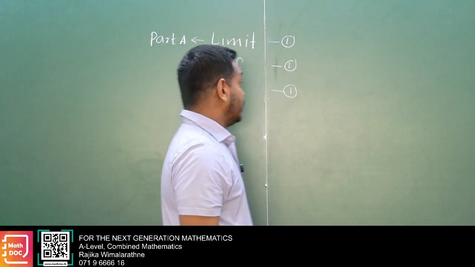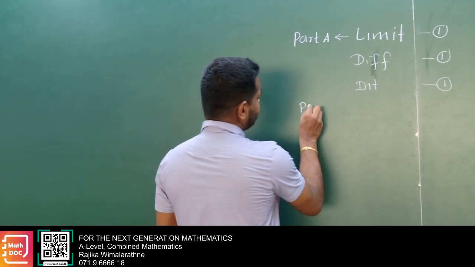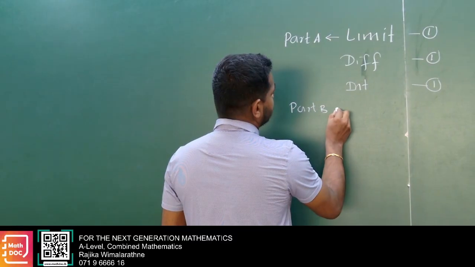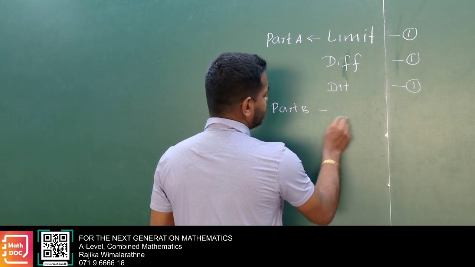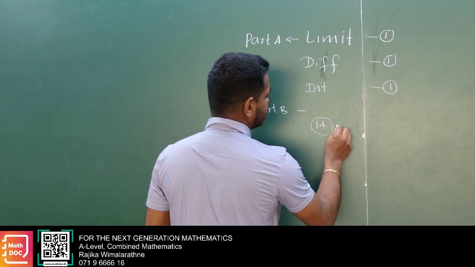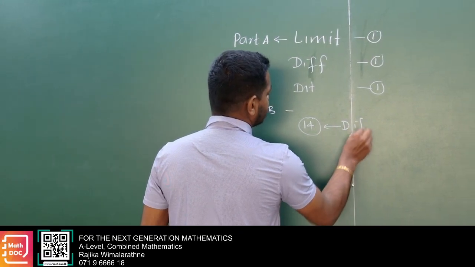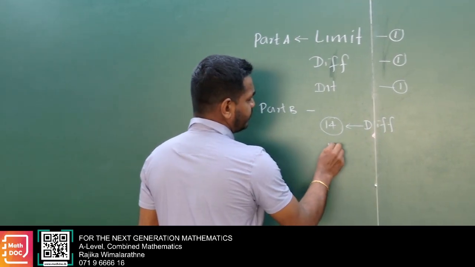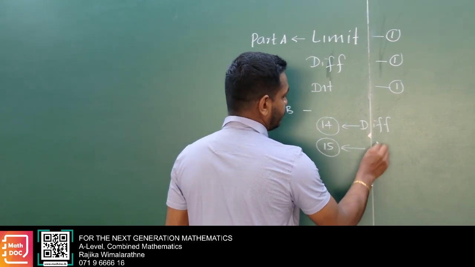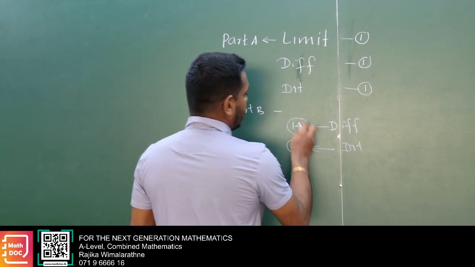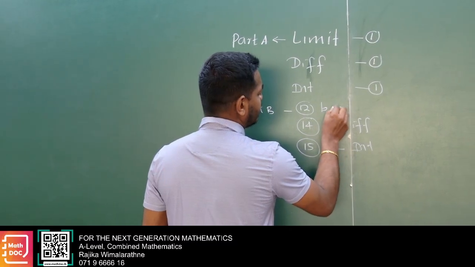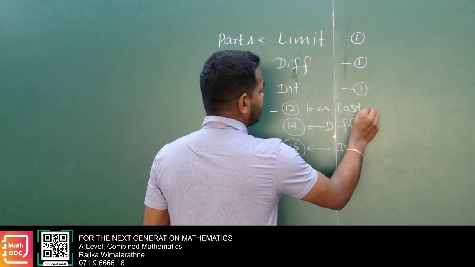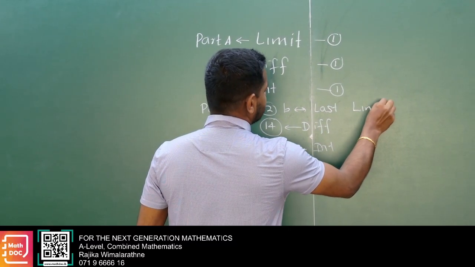Then in part B, question number 14 is the differentiation part, question number 15 is the integration part, and question number 12, the last part of part B, will be the limits part, a limit application.